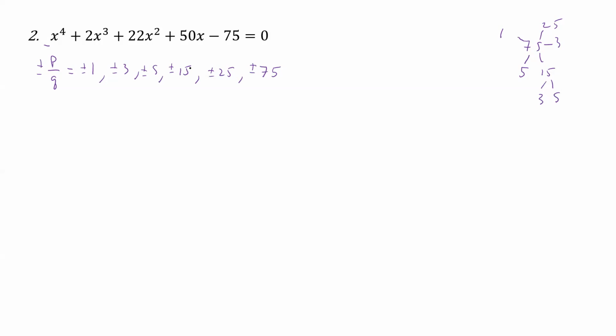All right, so what do we know about sign changes? Well, we have 1 here. So that's going to be 1 positive real. And then if we plug in negatives, can we get that? Well, that's going to give us x to the 4th minus 2x to the 3rd plus 22x squared minus 50x minus 75.